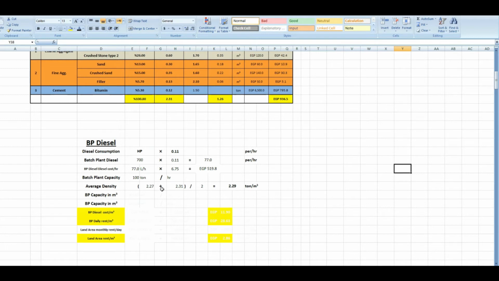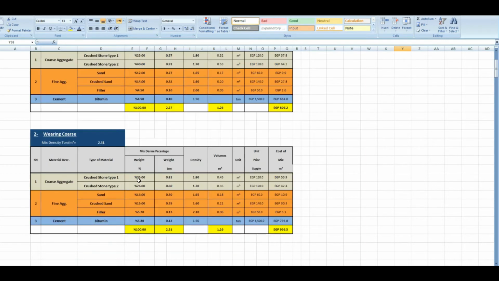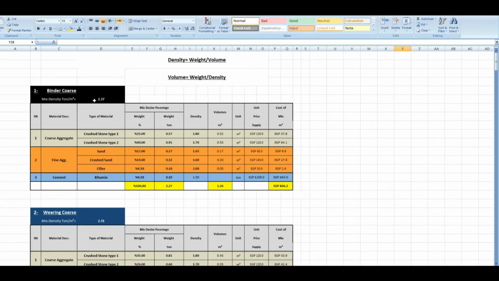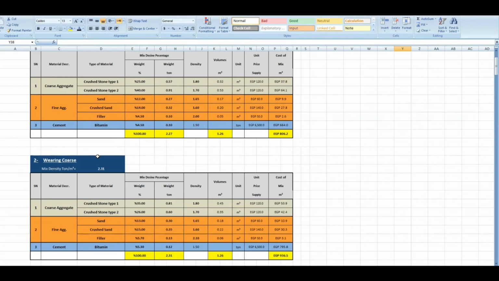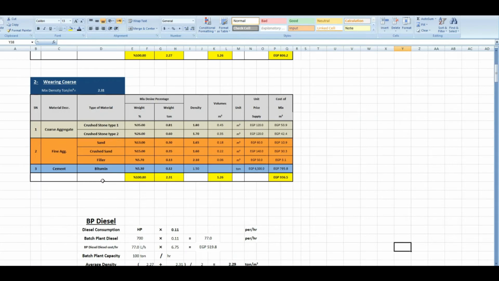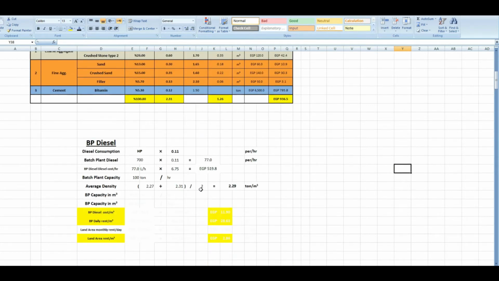We need to know the average density of the mix. 2.27 for the binder course, 2.31 for the wearing course. The average is 2.29 ton per meter cubic. This is the average density of all the mix.